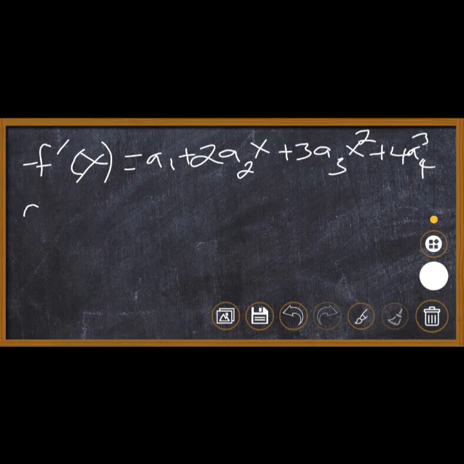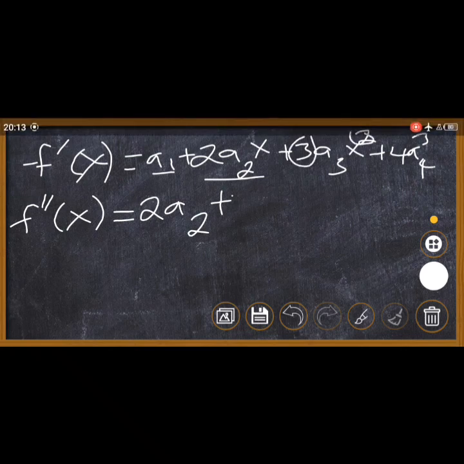So the second derivative of this will be what? This is going to be 0 since we don't have x. Then this one is just going to remain 2a2. Added to, when we multiply this power 2 with 3, we are going to have 6a3, and the x, because the power drops by 1 and we have x squared there, so we are just going to have x.